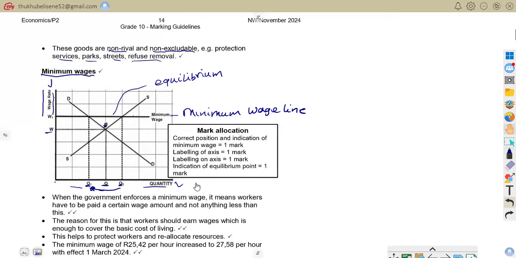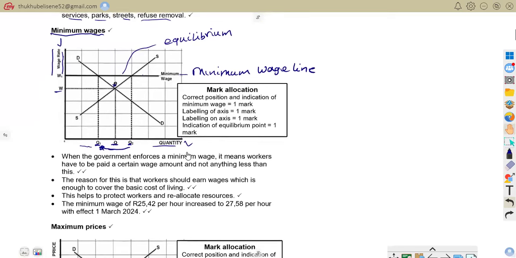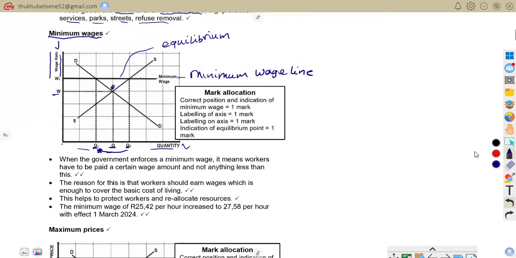So now let us move on. We have some points beneath the graph. When the government enforces a minimum wage, it means workers have to be paid a certain wage amount and not anything less than this.